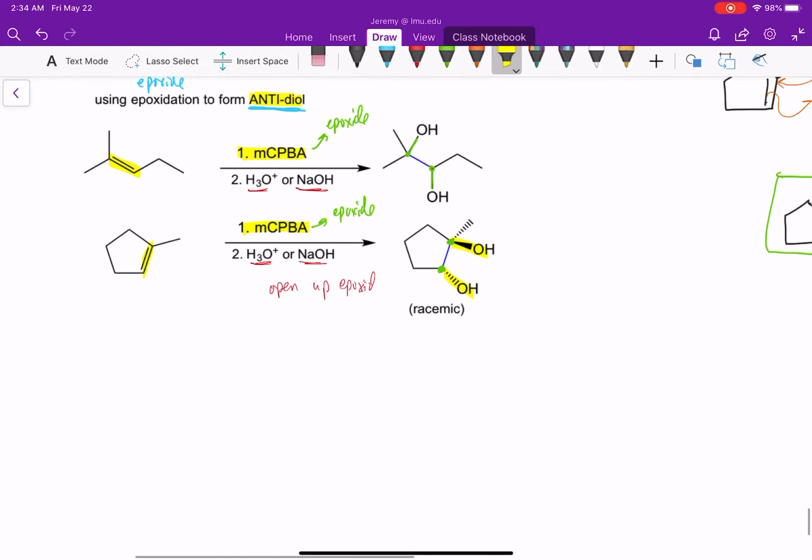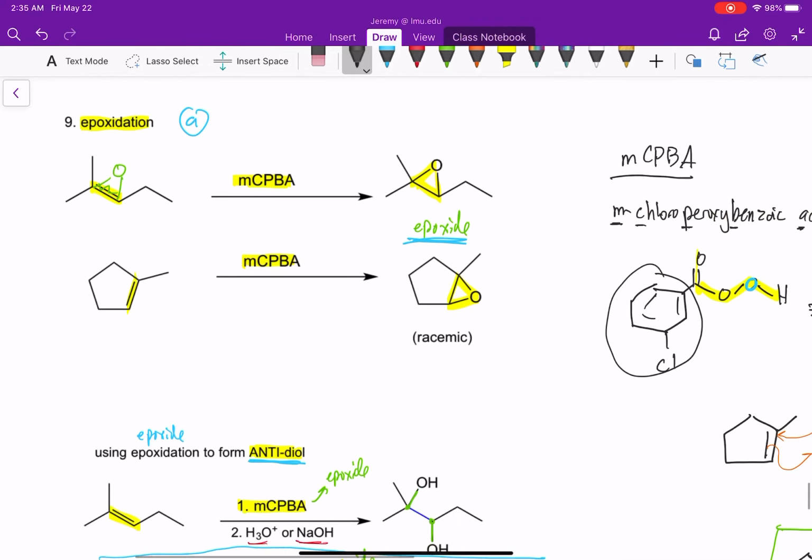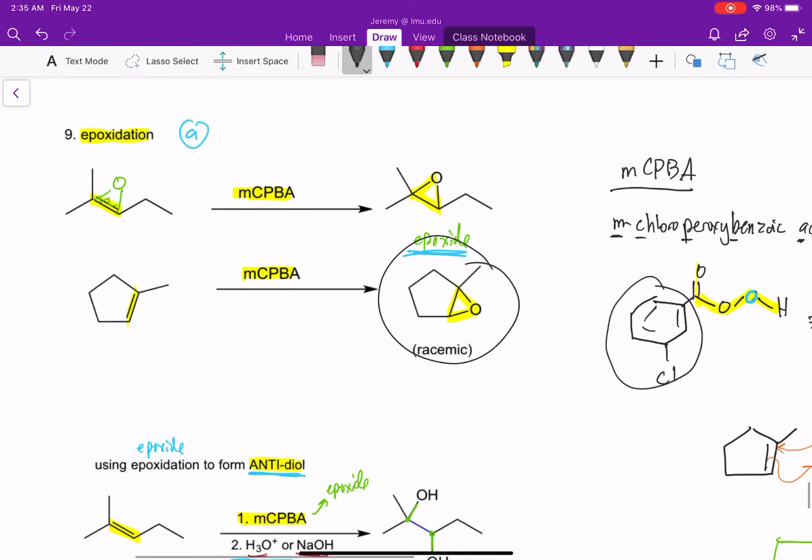If we break down this bottom reaction, in step 1, when we add MCPBA, I'm not drawing the mechanism, I'm just drawing the product. Again, the product we get out is an epoxide, that's what we saw up here.